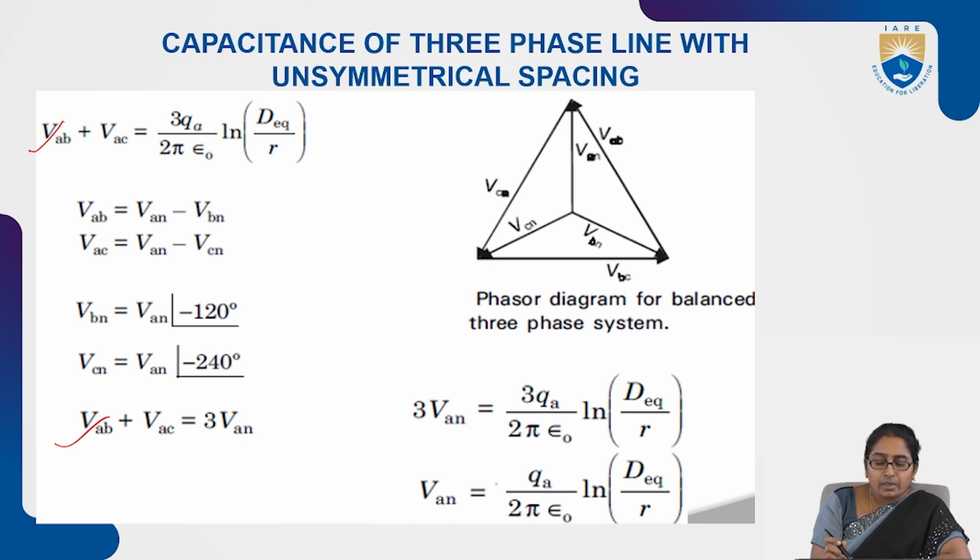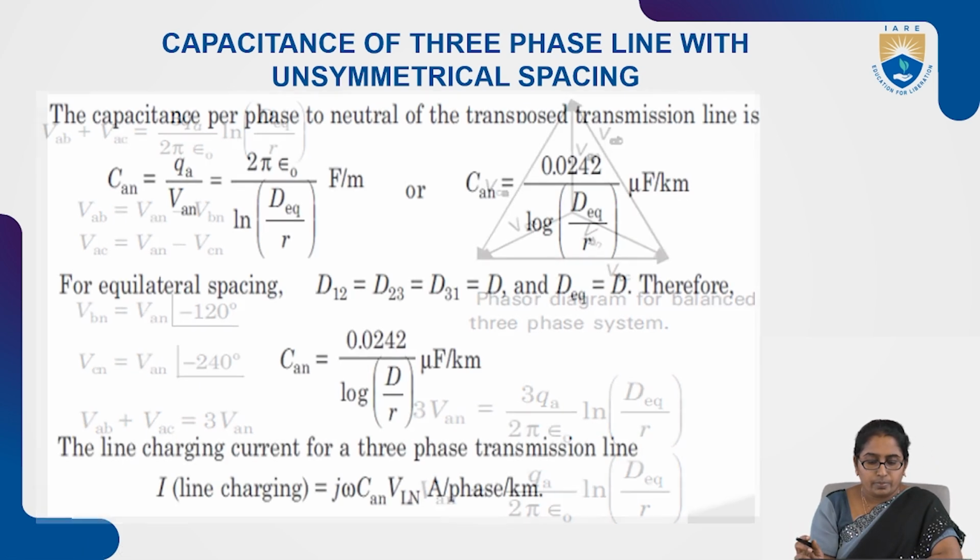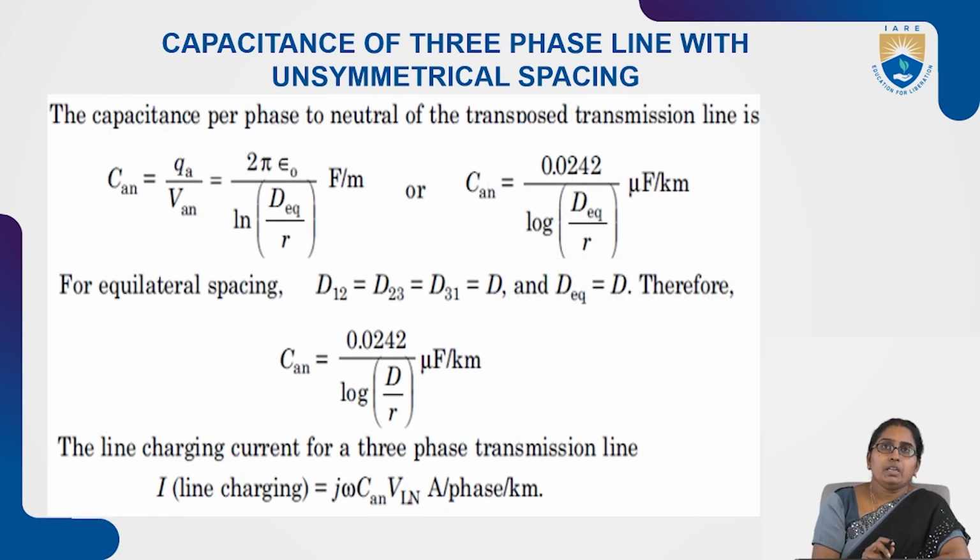So now, this is the potential voltage expression. Now finally, we calculate the capacitance, right? Based on the per phase capacitance, we are calculating, let us say for phase A, QA by VAN.